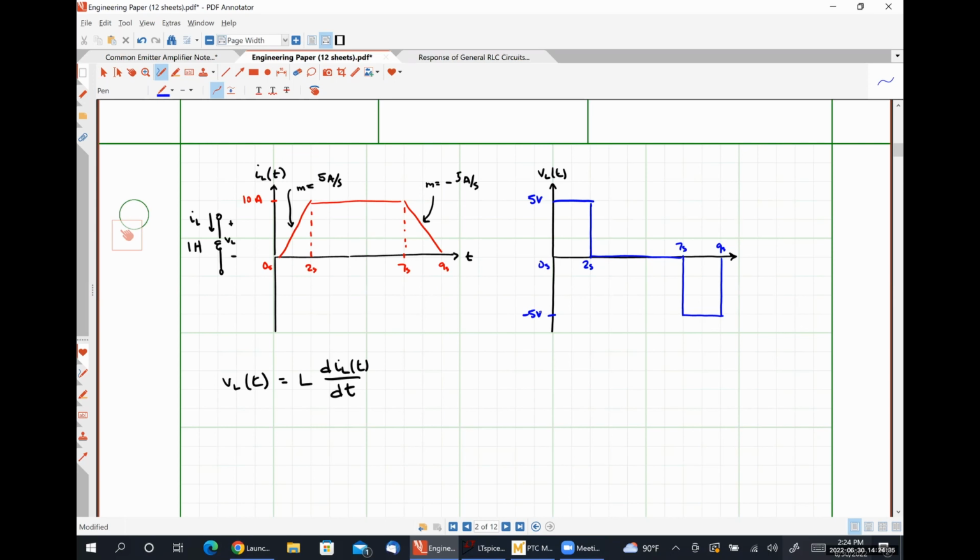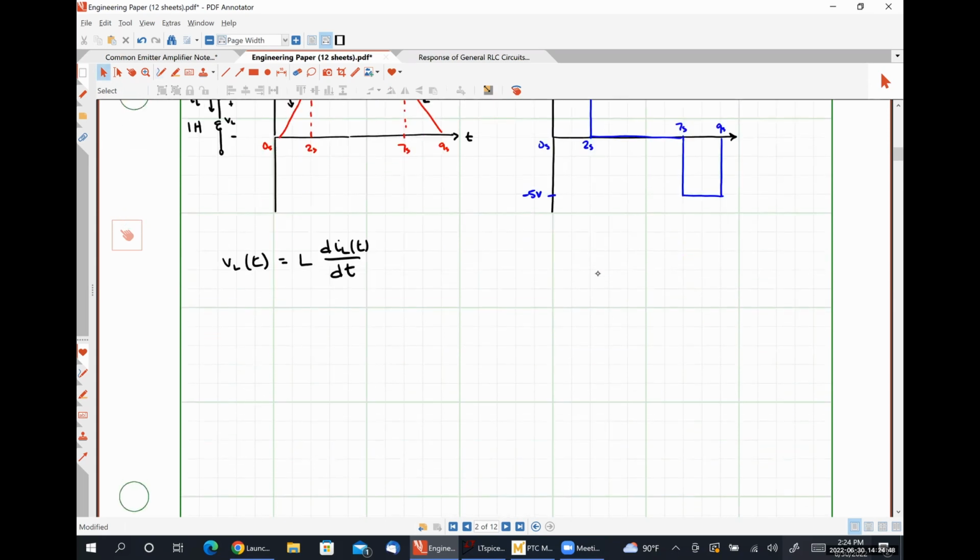The voltage drop across the inductor is proportional to the change in the current. Well, what if we sped up the duration of how quickly the current changes?